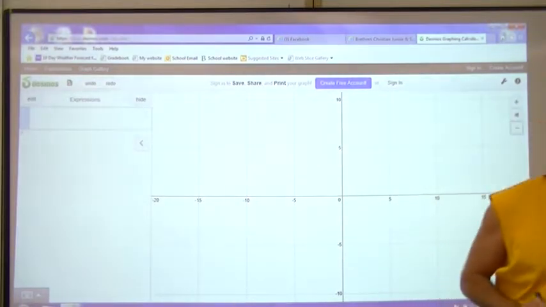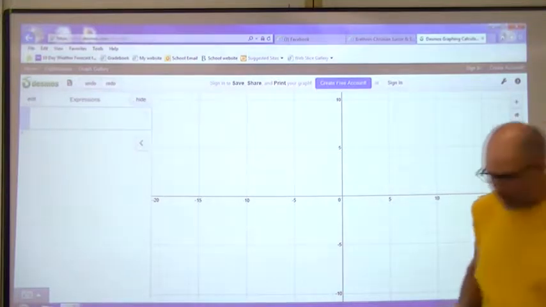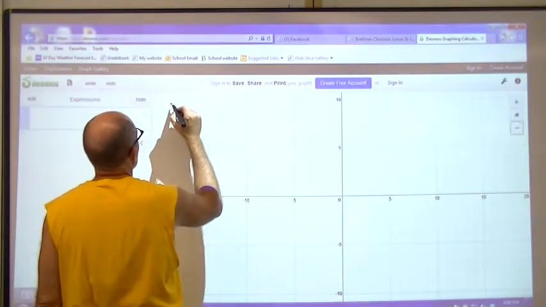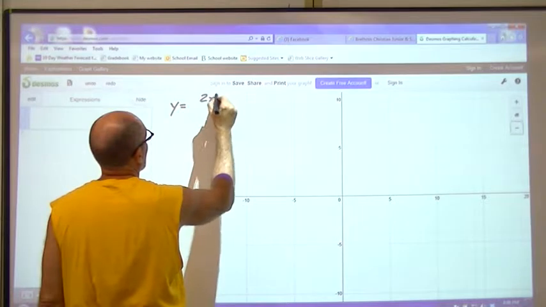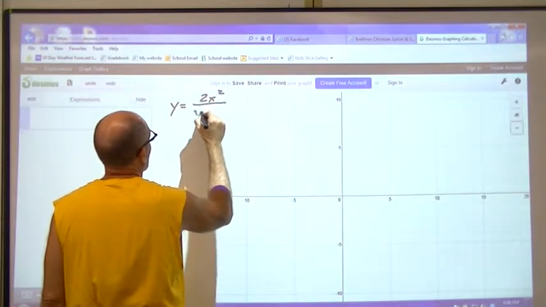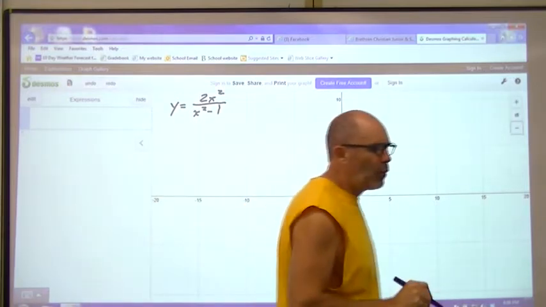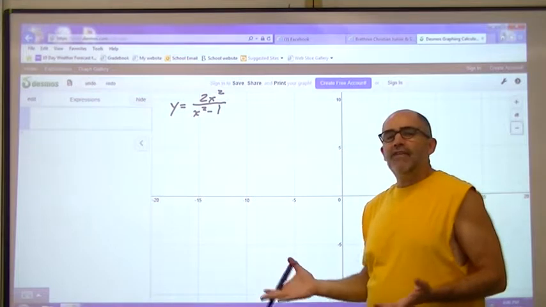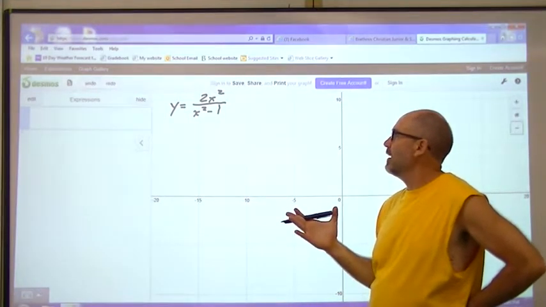So let's try graphing y equals 2x squared over x squared minus 1. Okay, so we're going to just go through that checklist that I just gave you for functions. First thing we want to look at is the domain.